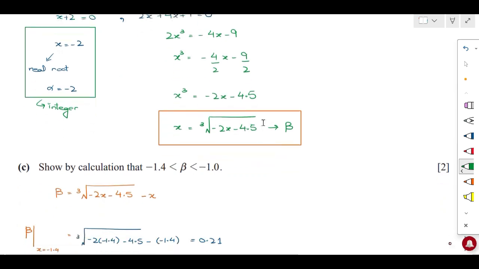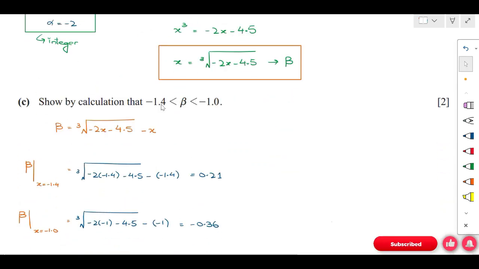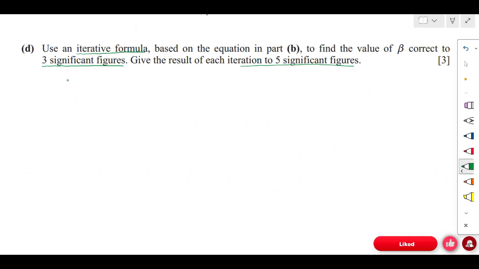We have to use the equation in part B, and from part C we know that the beta value must lie between minus 1.4 and minus 1. So we need to pick the initial guess between these two numbers, right? From part B, we got x equals the cube root of minus 2x minus 4.5.